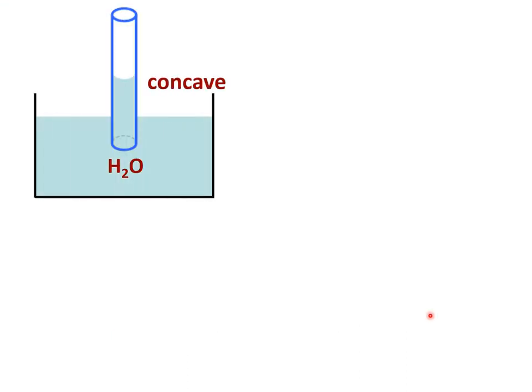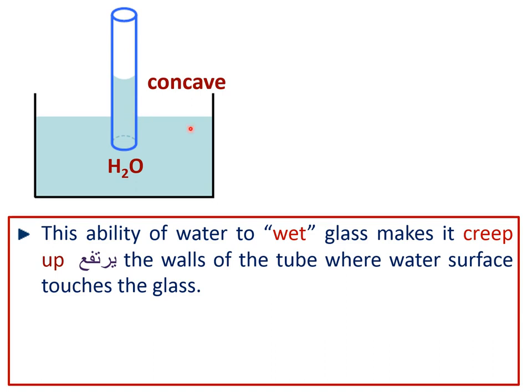So if you put a narrow tube, like a glass narrow tube, in a water pool like this, you will observe the spontaneous rising of water inside the glass tube, and eventually it ends with a concave surface. This is because of the ability of water to wet glass. We will say that water wets glass.